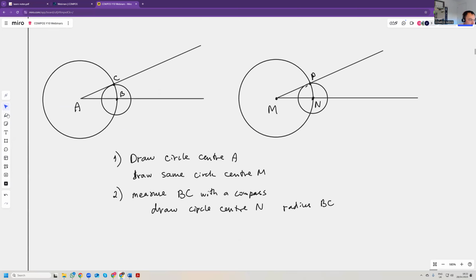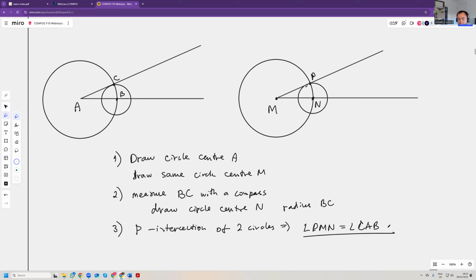Okay, obtain P as the intersection of two circles, and angle PMN is equal to angle CAB. That's what we needed.